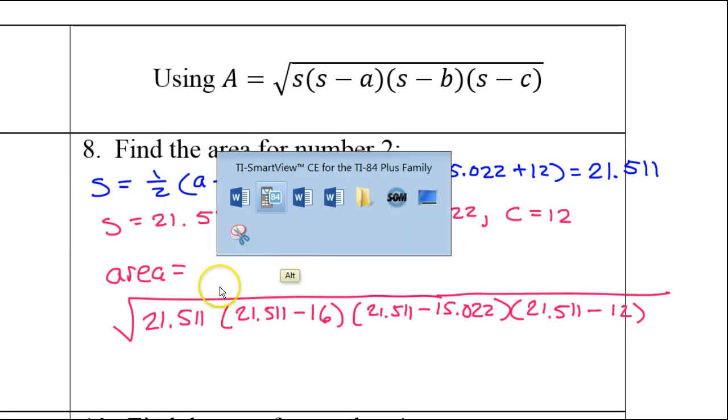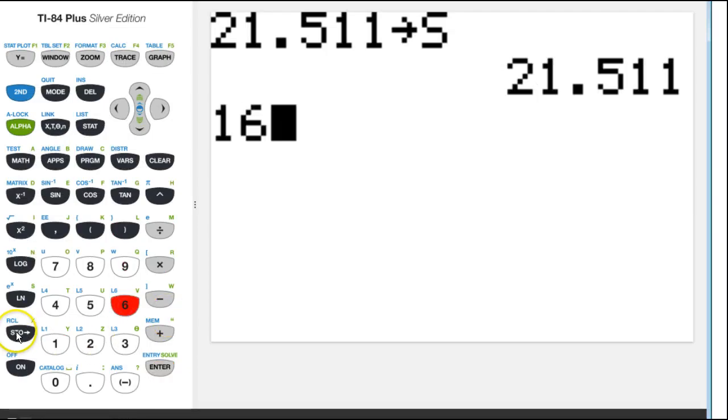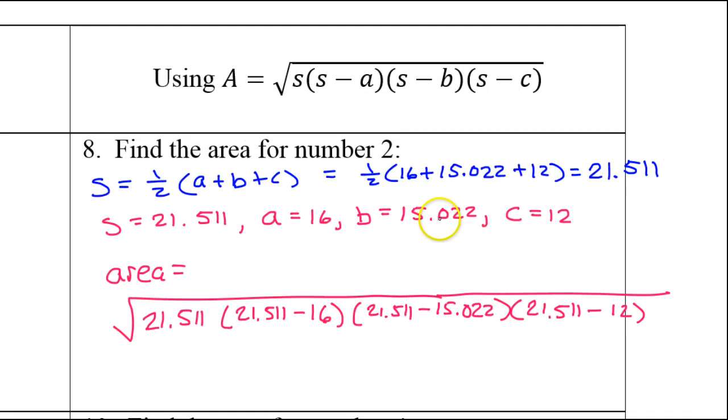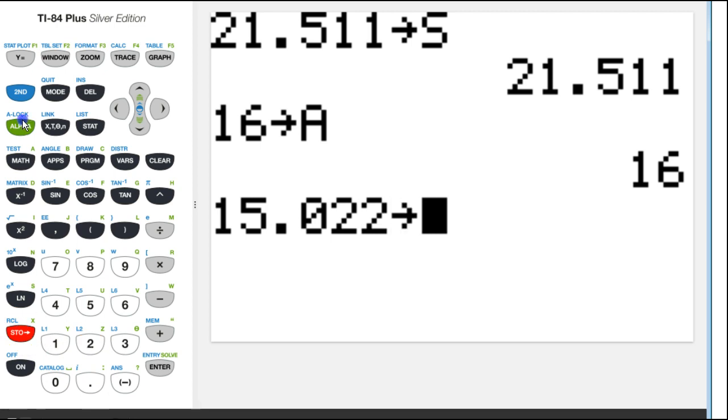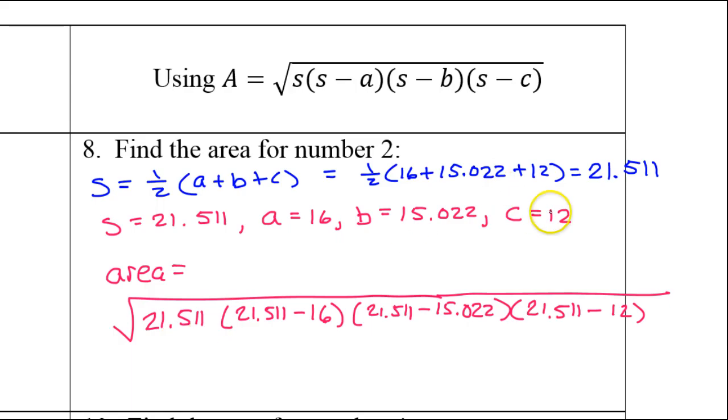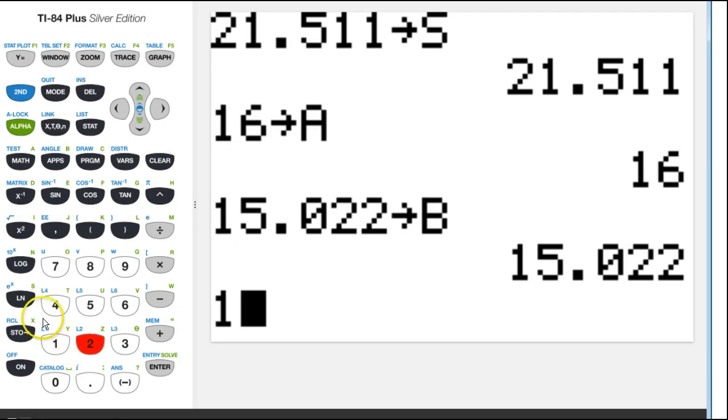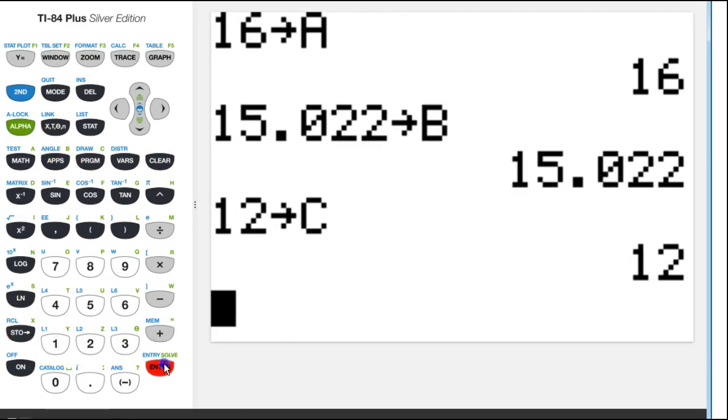So A is 16, so we can go 16, and then we can store that. There's no lowercase a, so I'm just going to go ahead and use uppercase A. Alright, and then B is 15.022, I'm going to store that in B. And C was 12, so 12, and I'm going to store that in C. Alright, so everything has been stored up.